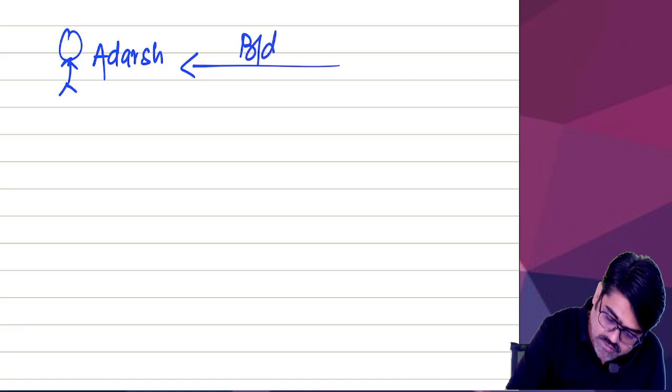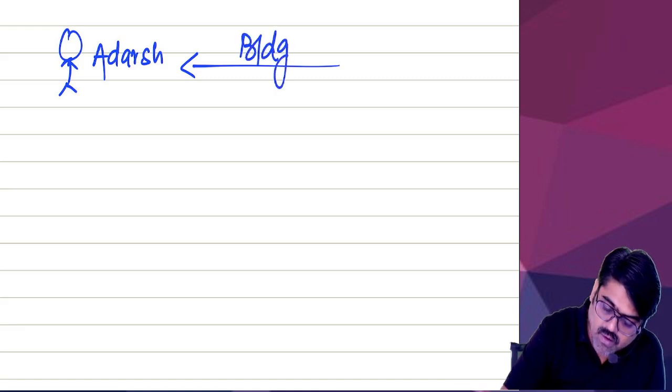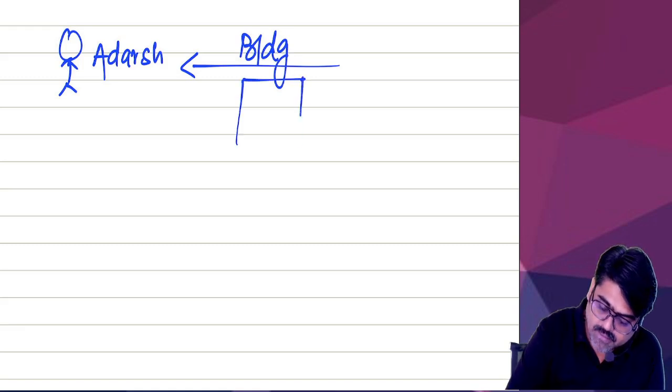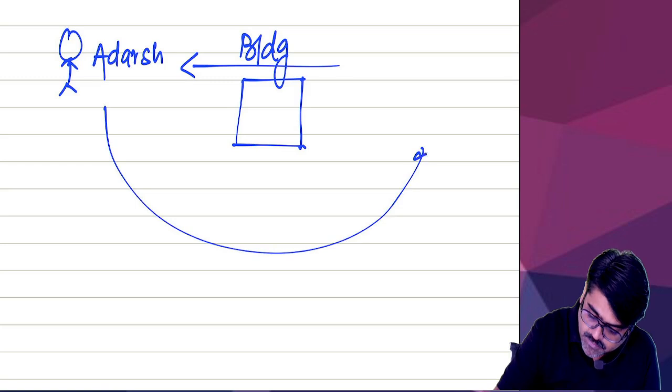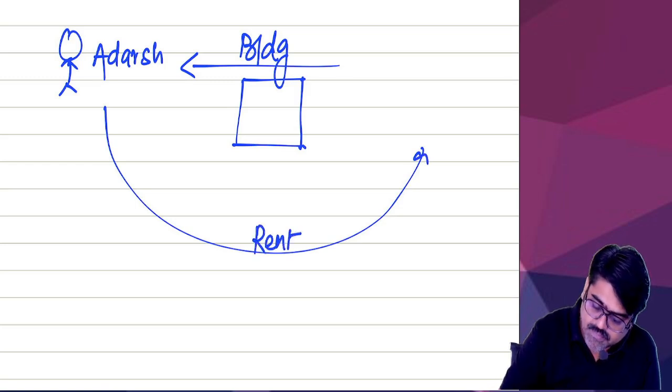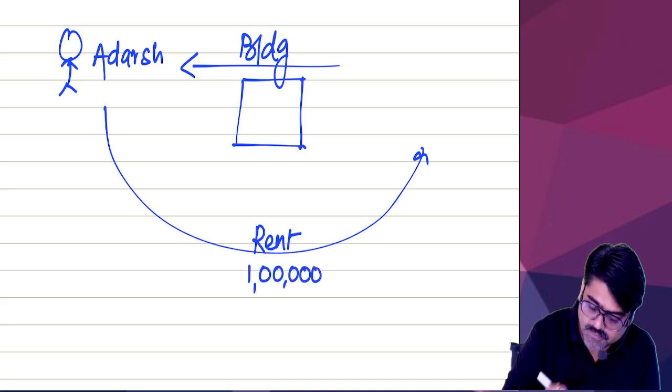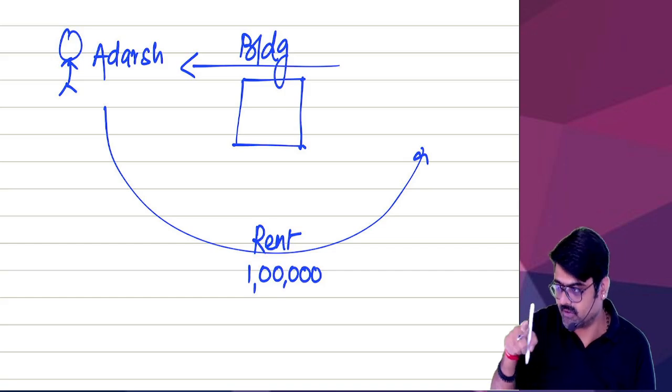Now this building he has taken on rent. What is the rent Adarsh is paying for this building? For example, the rent paid by him for this building was 1 lakh rupees. How much rent? Now this rent is actually paid by him.